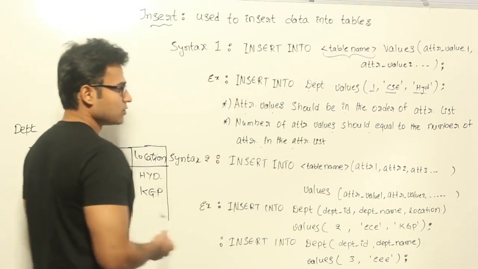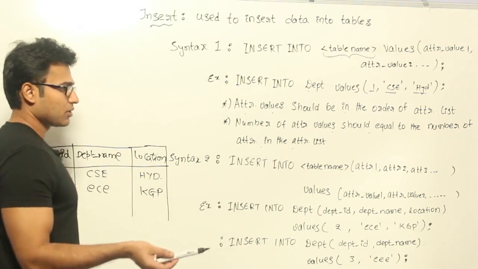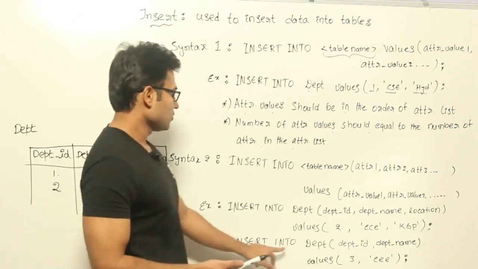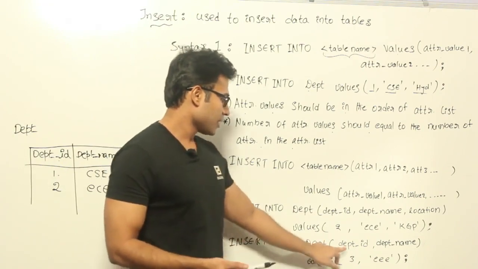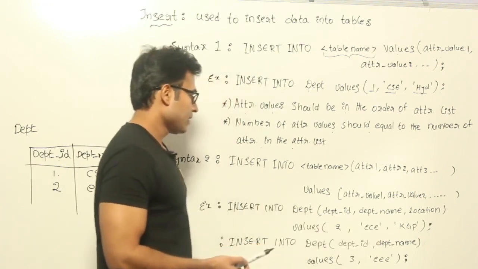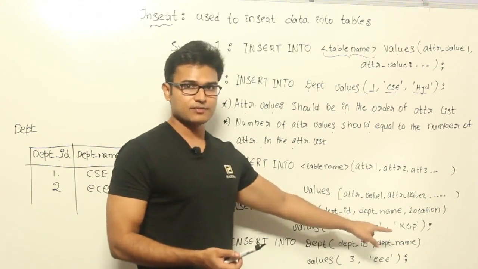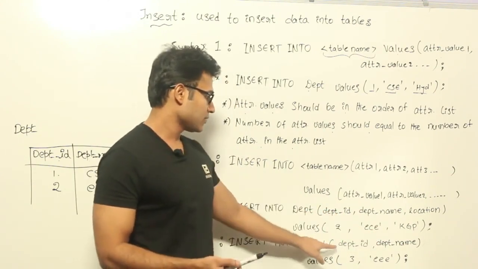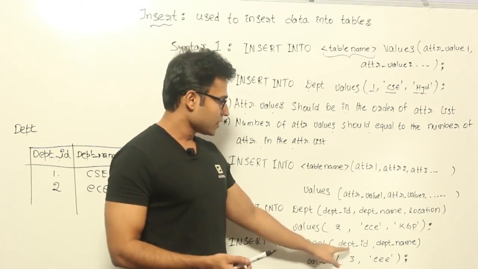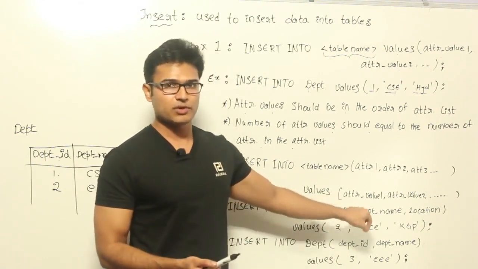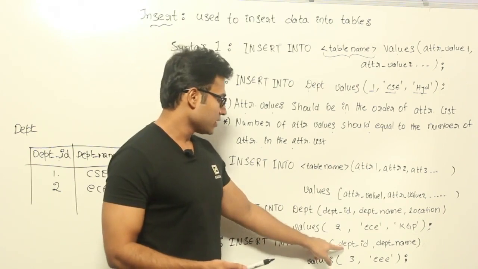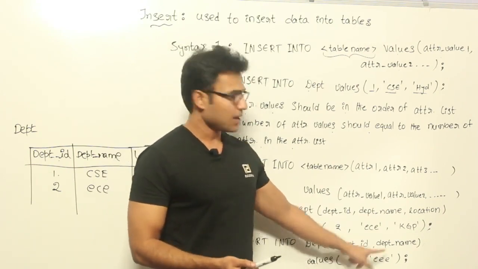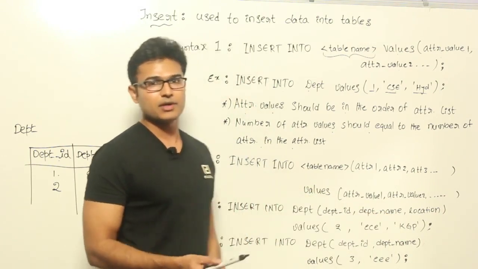Now this will be really useful whenever you try to skip or miss some of the attribute values. See the next one: insert into department ID, department name. If you observe this, location is missing. Whenever you are missing one of the attributes, it is better that you specify the attributes whose values you want to enter. For example, here you want the department ID to be 3 and the department name to be EEE, and you are not mentioning the department location.